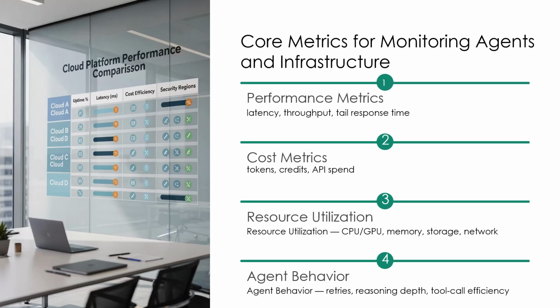Then resource utilization: utilization of CPU, GPUs, memory, storage. And agent behavior: number of retries, reasoning depth, and tool efficiency. These metrics define whether the system is stable or spiraling.